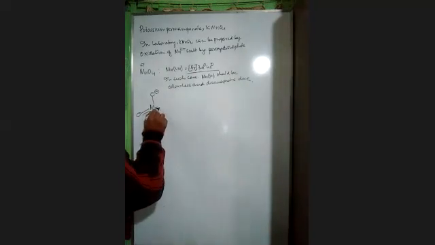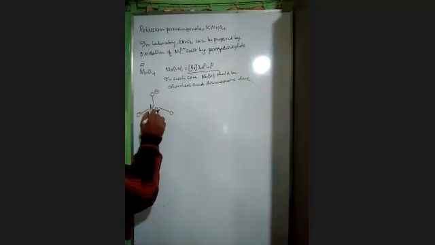See, this is the structure of permanganate. And if it is manganate here, then it will be this. This is manganate and this is permanganate. See, this ion is highly stable. You know why? Because of resonance.